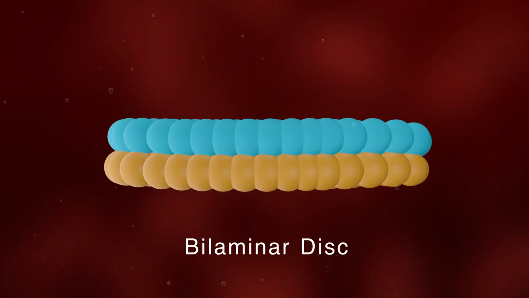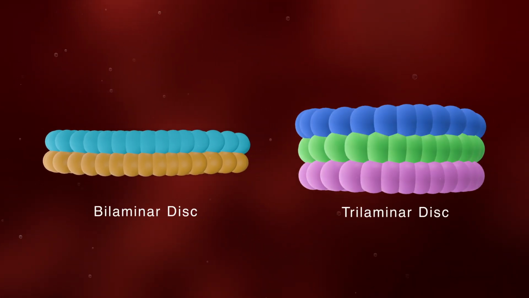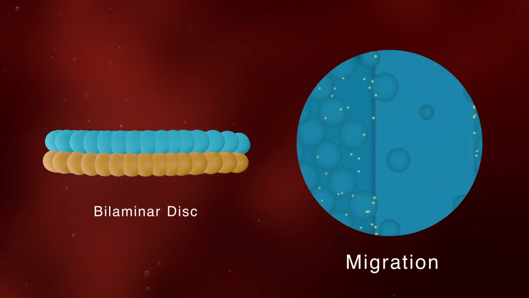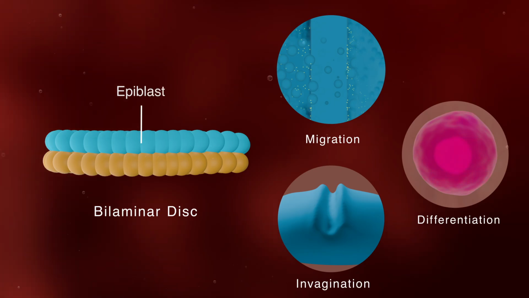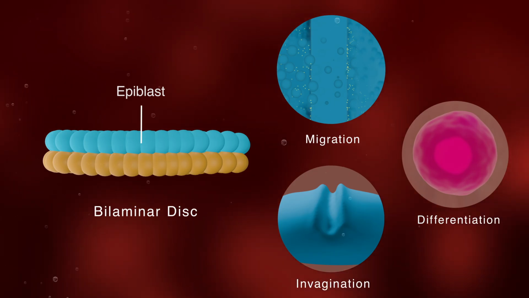From the 3rd week of embryonic development, the bilaminar disc begins to transform into a trilaminar disc. This transformation occurs due to the migration, invagination, and differentiation of the cells present in the epiblast layer of the bilaminar disc. Let us now discuss these processes in detail.